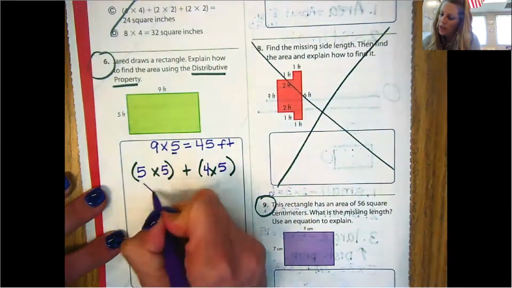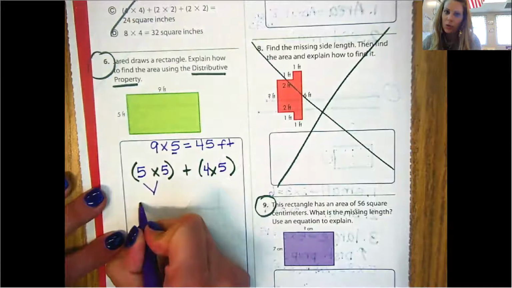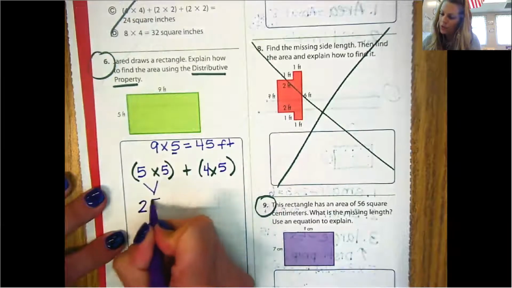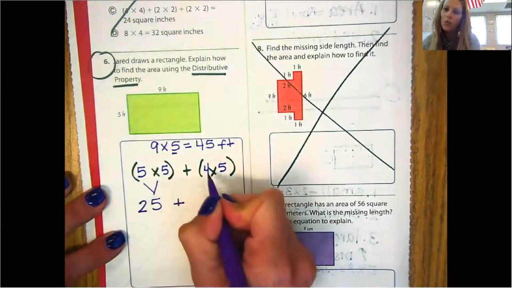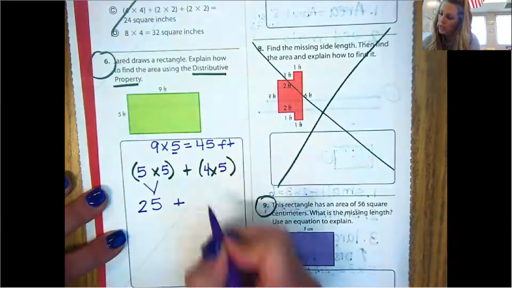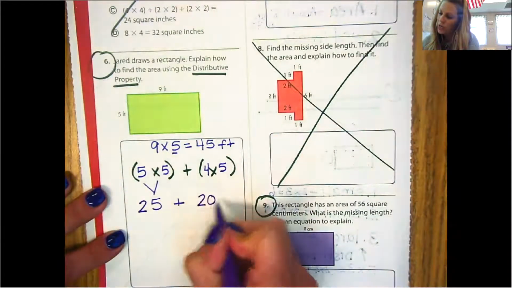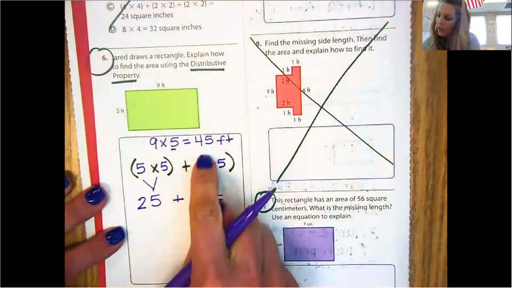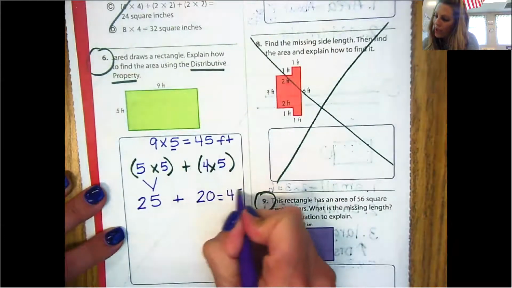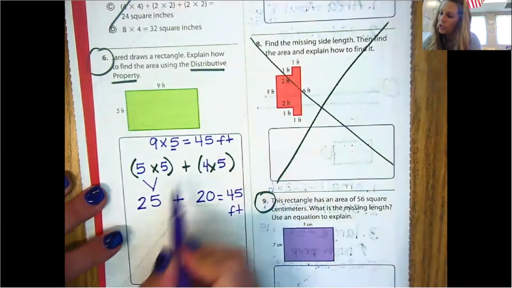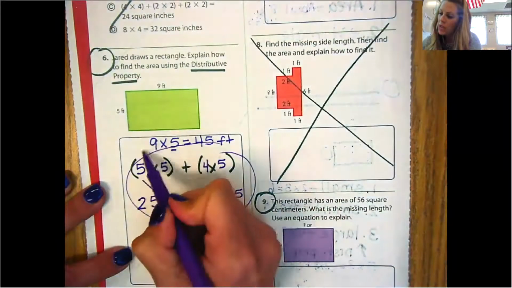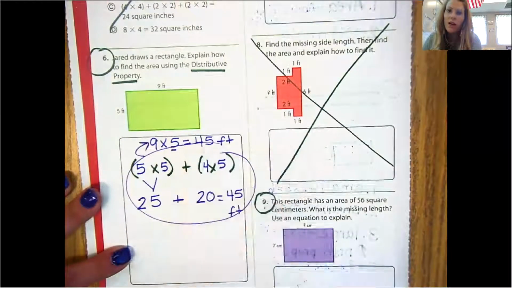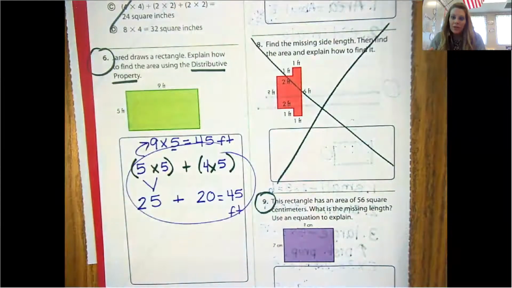So then 5 times 5 equals 25 plus 4 times 5 equals 20. When I add those together, I still get 45 feet. So whatever you did, as long as your distributive property equals 45 feet, that is fabulous, okay? All right.